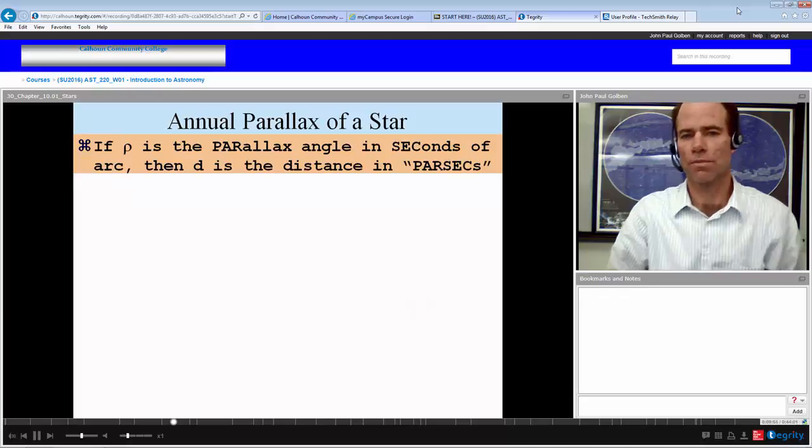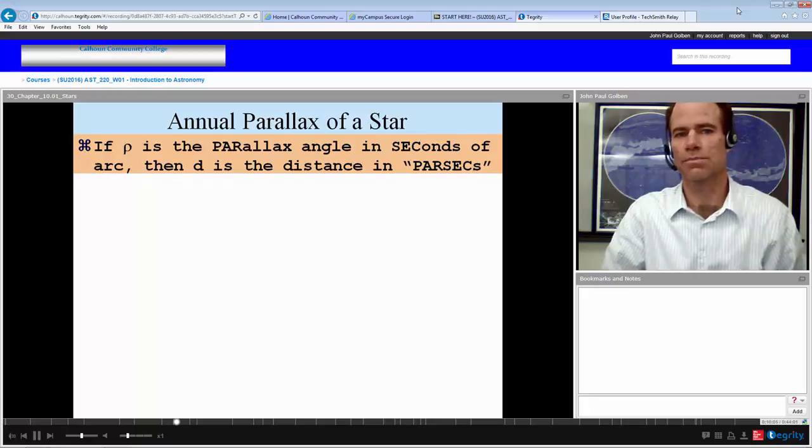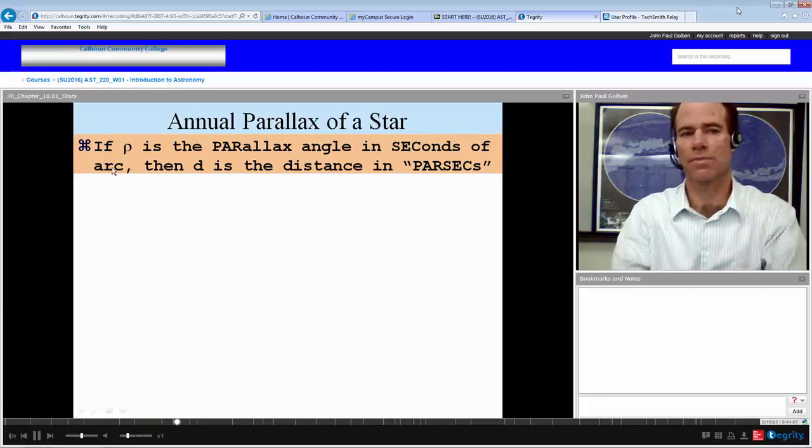So if you want to measure a nearby star by using parallax, you measure the angle of parallax. The angle of parallax is designated by rho here, the parallax angle in seconds of arc.